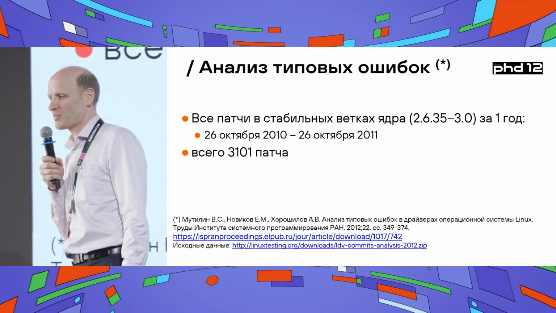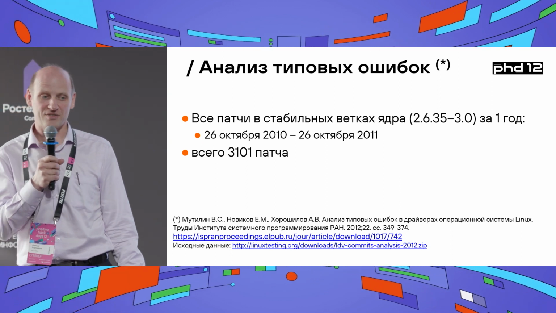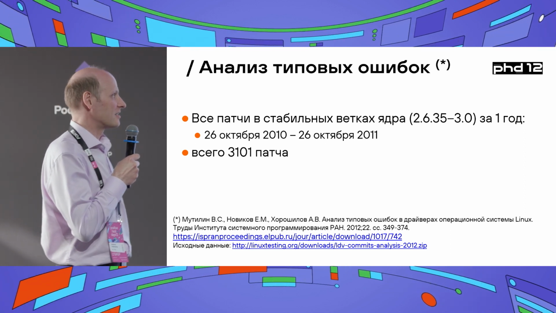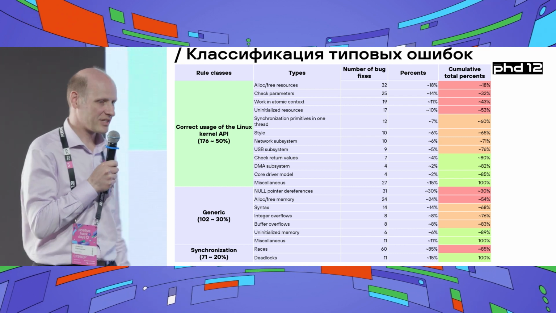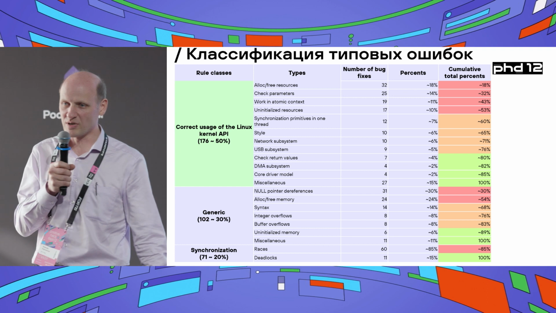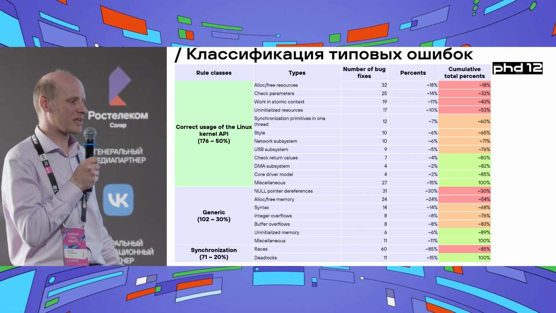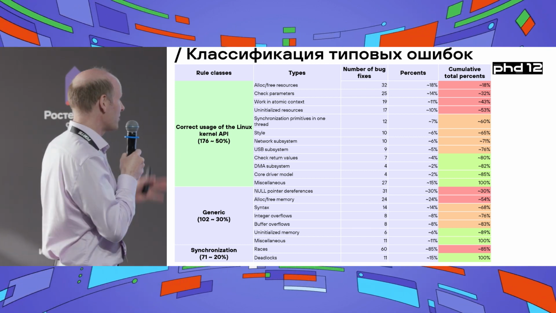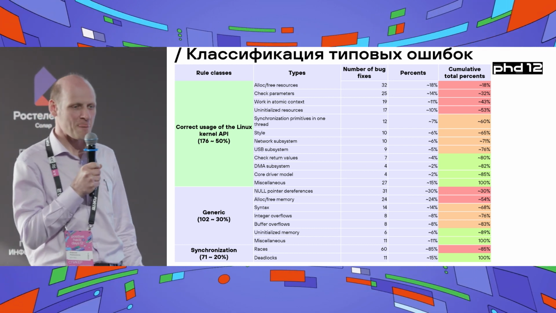What are the typical bugs, typical errors? We made an analysis of all commits which got into the kernel in a year and found typical errors that were corrected later. Not the bugs in one driver, but the ones which can be found in many areas of the code.